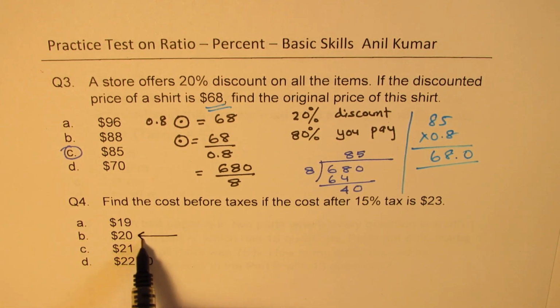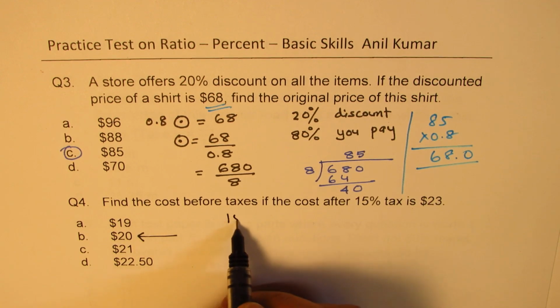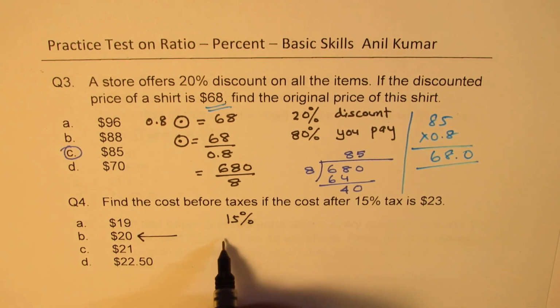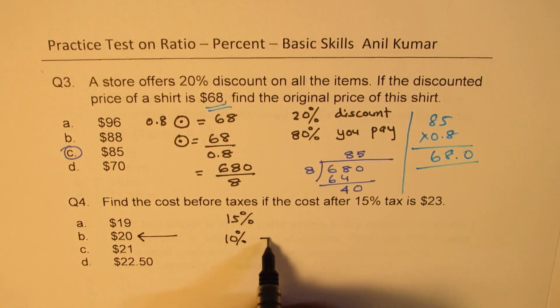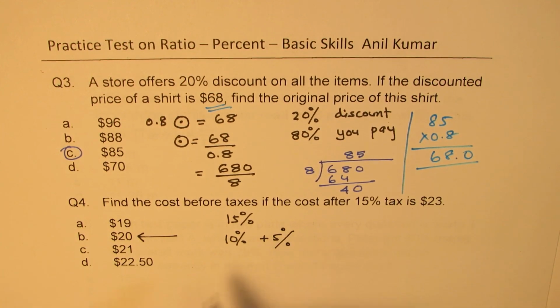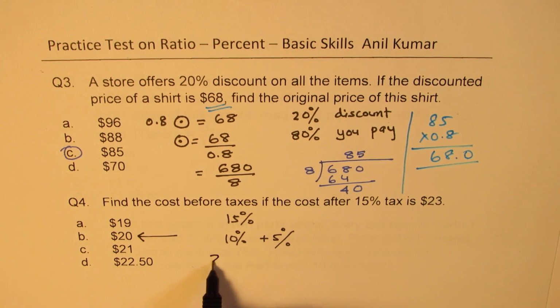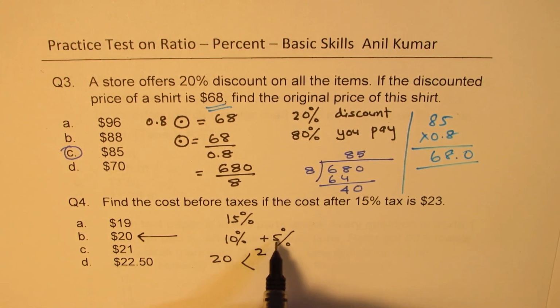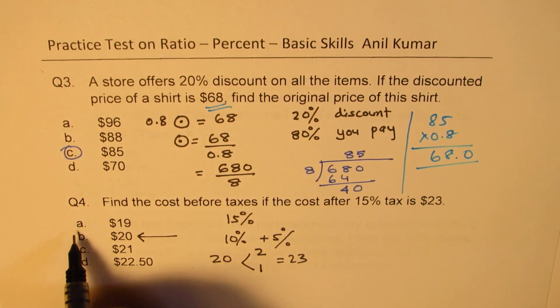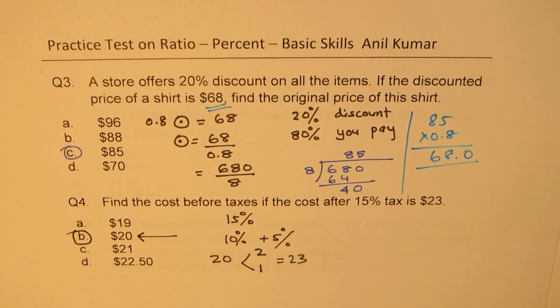Let's say 20. 15% means 10% plus 5%. So on $20, the 10% is 2 and half of 2 is 1. So we do get 23. That becomes our solution straight away.